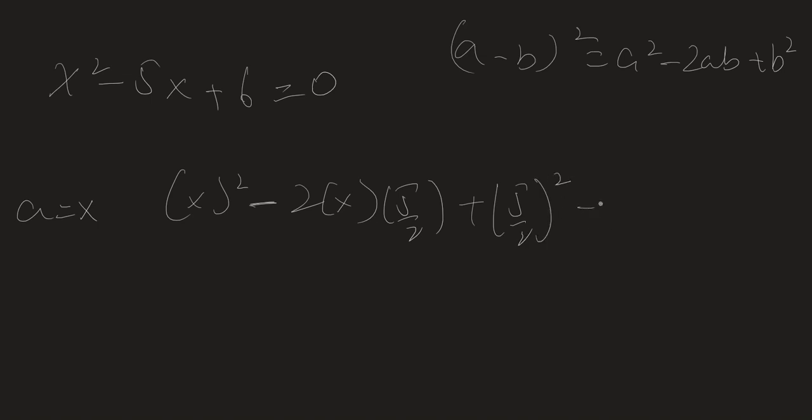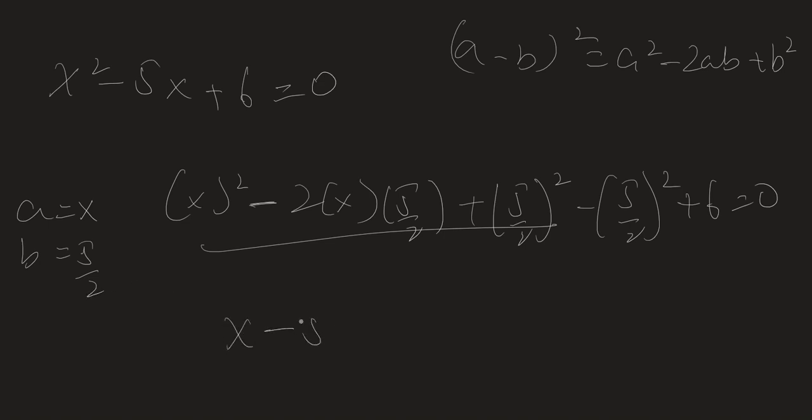We're going to subtract (5 over 2) whole square once. Then we're going to write this whole thing as (a minus b) whole square. So a is x, b is 5 by 2. So (x minus 5 by 2) whole square minus 25 by 4 plus 6.